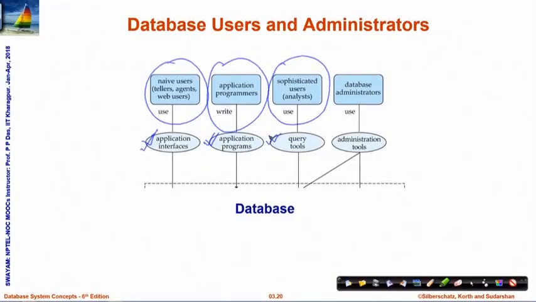When the application requirements change, they might need to redesign the schema, migrate the data from an old schema to a new schema. So, analysts are higher level programmers, they have a far more solid understanding of the database management system to be able to design different kinds of query tools that the application programmer will use.